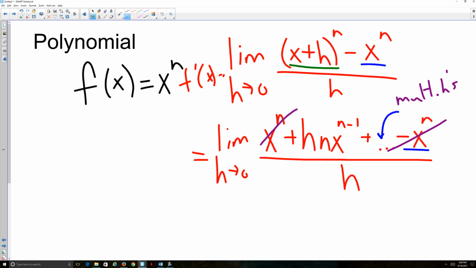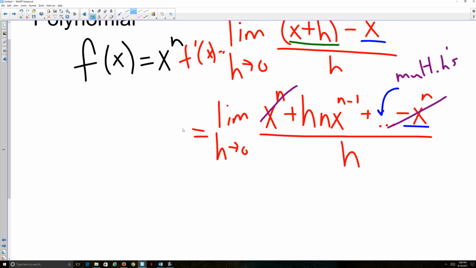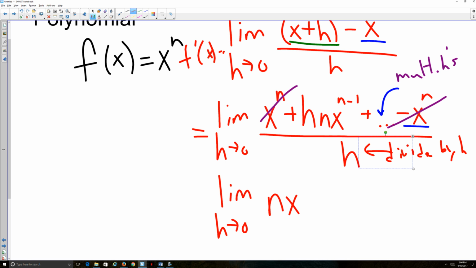And so when we divide by h, what we get is n x to the n minus 1 plus terms that all have h in them.